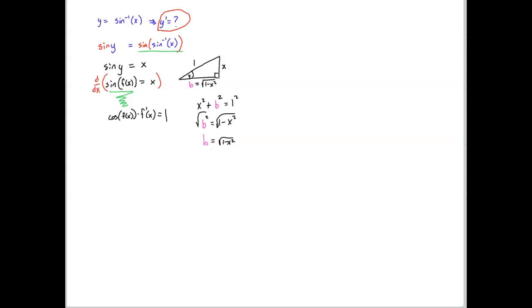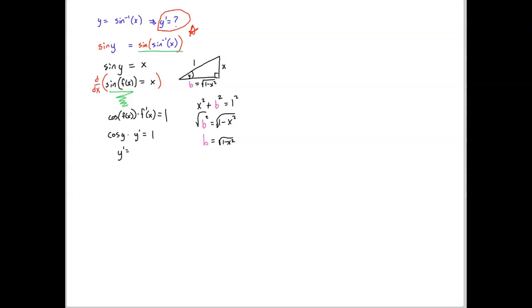All right, so we've taken the derivative of both sides. Let's put this back in terms of y. So we have cosine y times y prime equals 1. Again, the thing we're looking for is y prime. So I'm just going to isolate y prime by dividing out the cosine y.